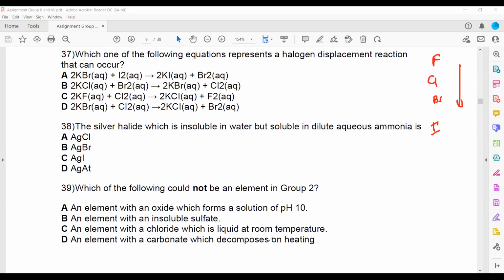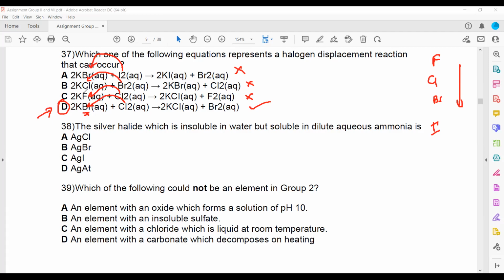So down the group, the reactivity decreases. If iodine cannot displace, this won't occur. Then bromine cannot displace chlorine from its compound because bromine is less reactive. Then chlorine cannot displace fluorine from its compound, less reactive. But chlorine can displace bromine from its compound, so this reaction will occur. That's why D will be the right answer.